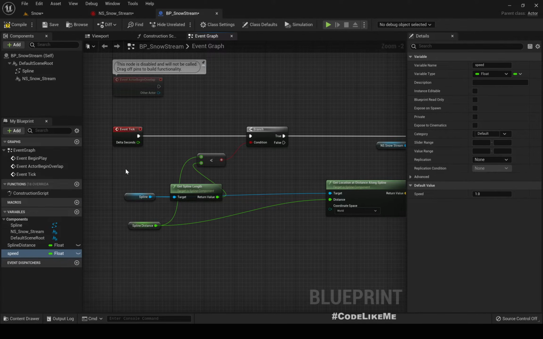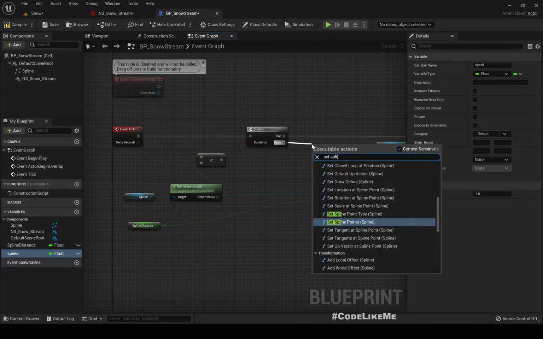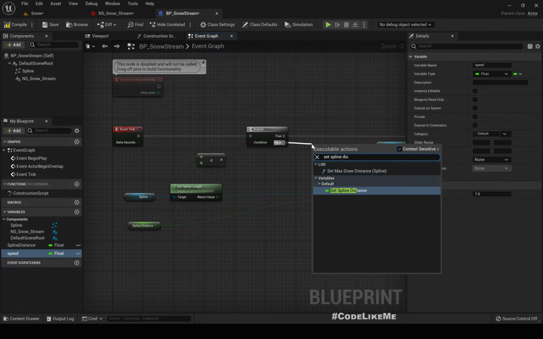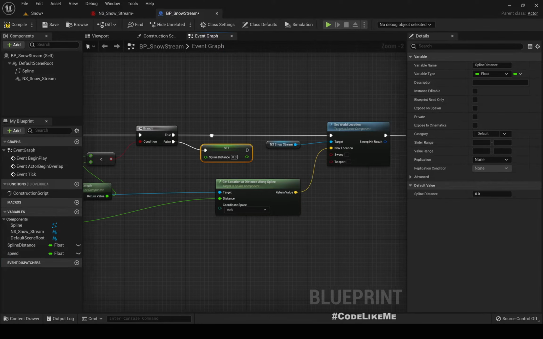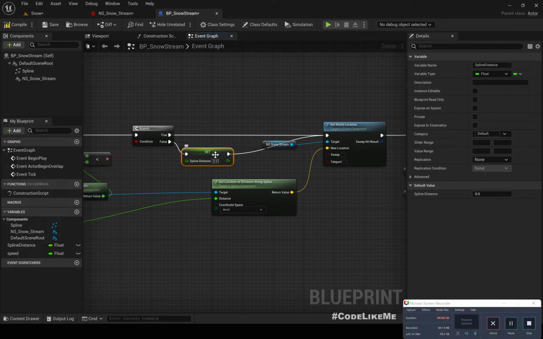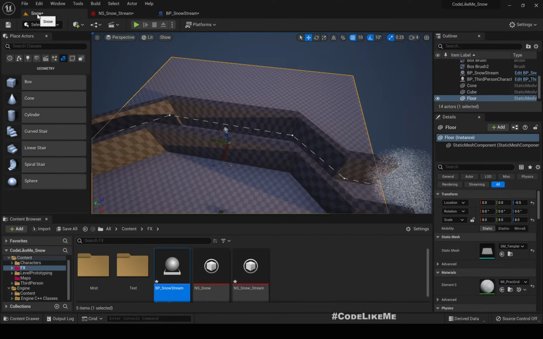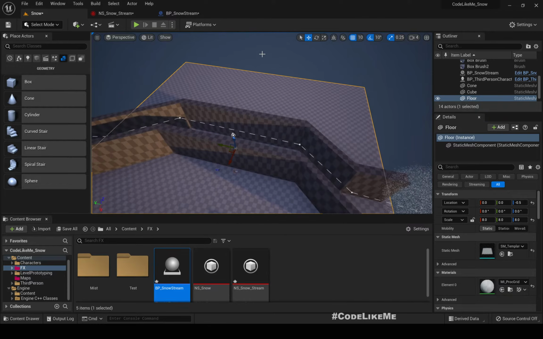And if the spline distance is larger than spline length, the false will trigger. So here I'll set spline distance to 0. Right, this should loop the snow stream along this defined path.